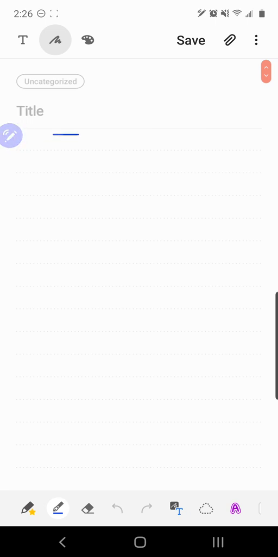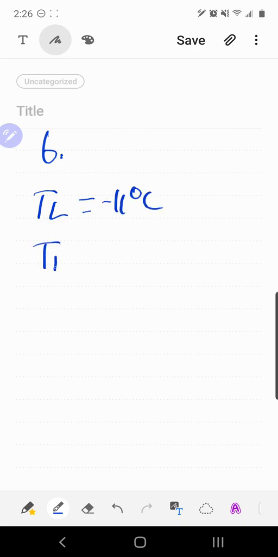All right, problem number 6. A Carnot refrigerator operates between two temperatures, -11, I'm going to call that the low temperature, and then our high temperature, 22 degrees C. What is the coefficient of performance?